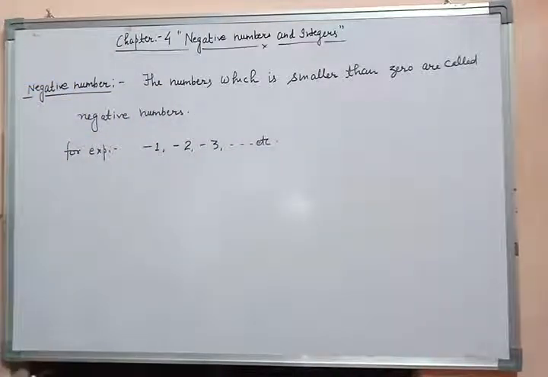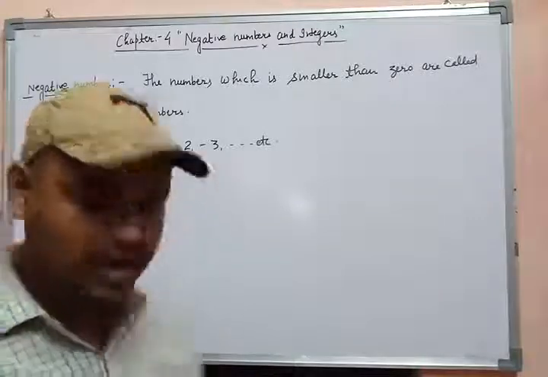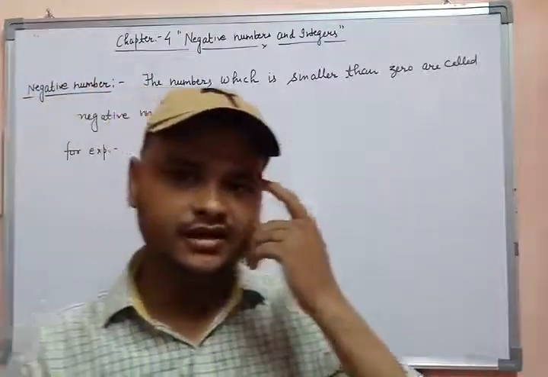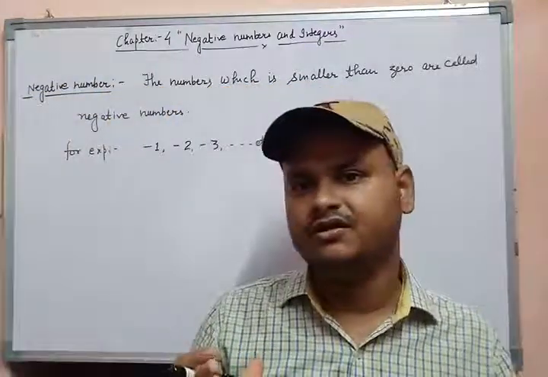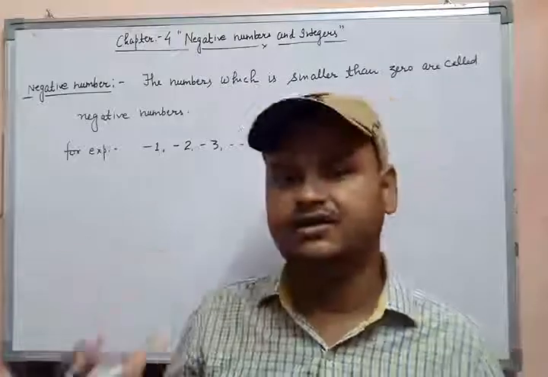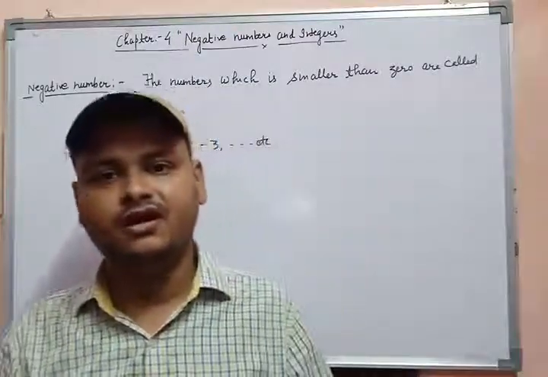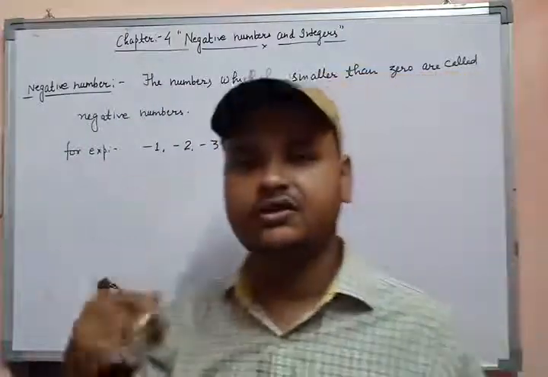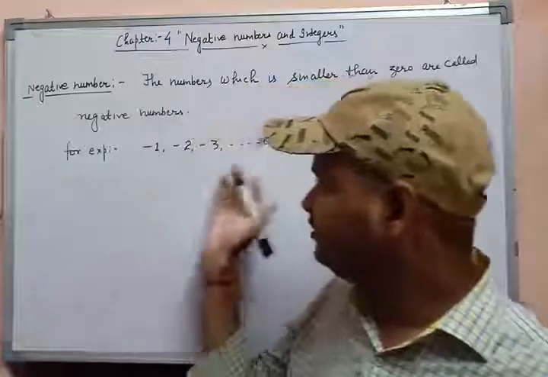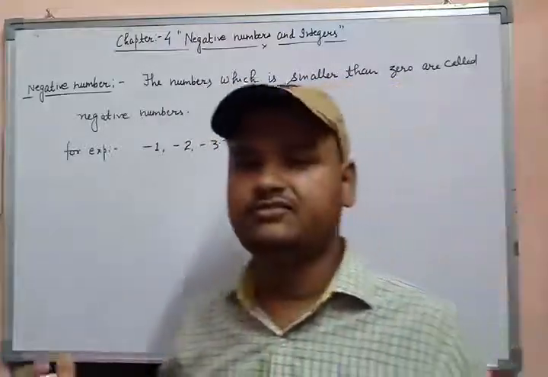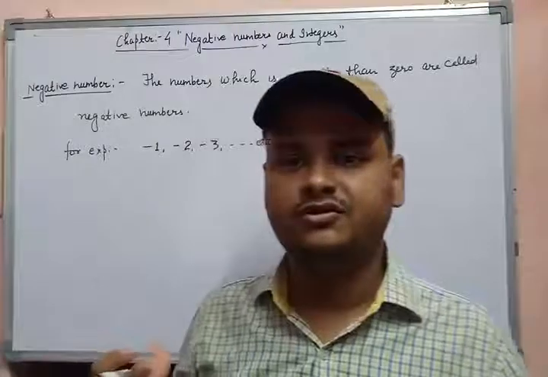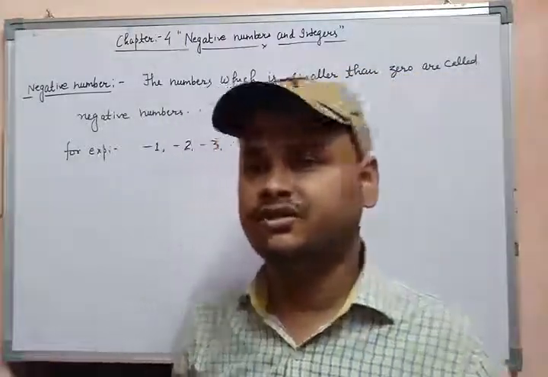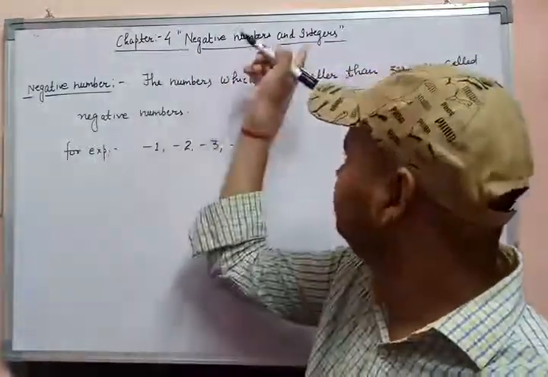Now, when we collect all the negative numbers, which have a negative sign, all the positive numbers, and including 0, then we get a new collection whose name is integers.